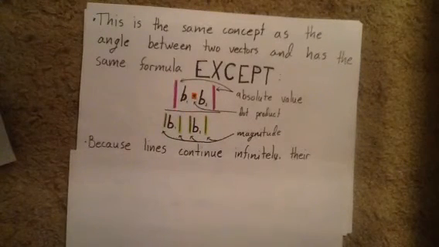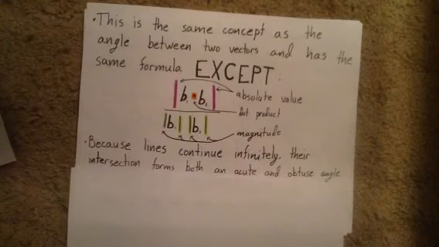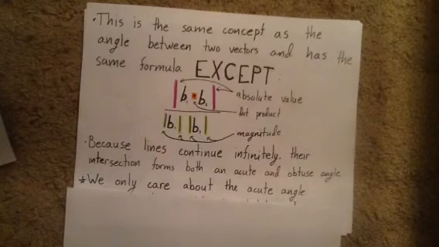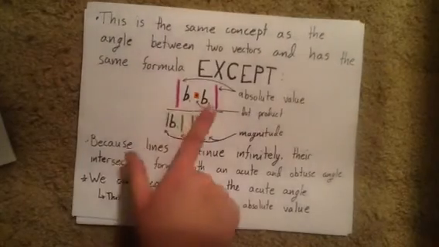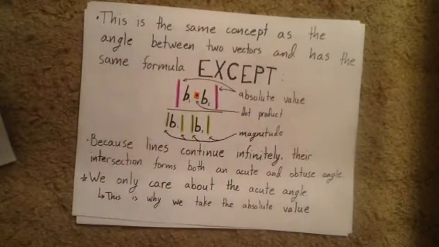We do this because lines continue infinitely. Their intersection forms both an acute and obtuse angle. We only care about the acute angle. So in order to find that acute angle, we need to take the absolute value of the dot product.